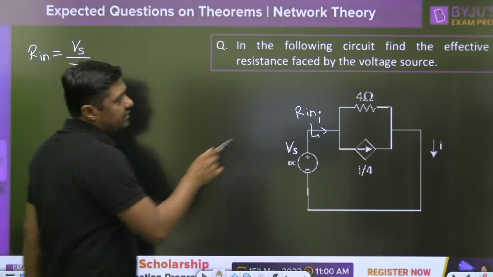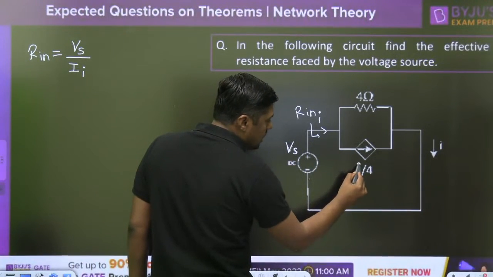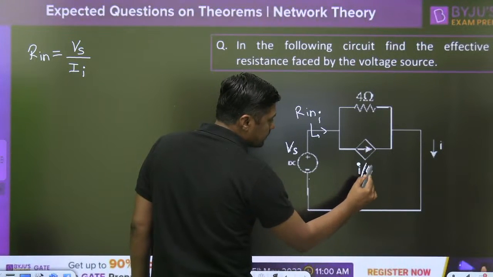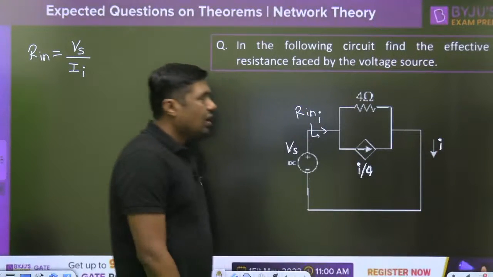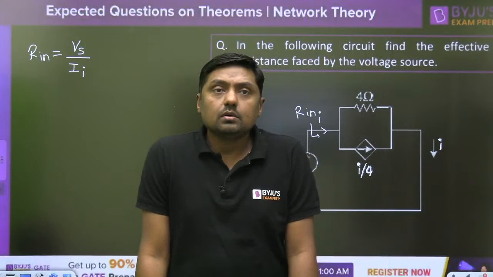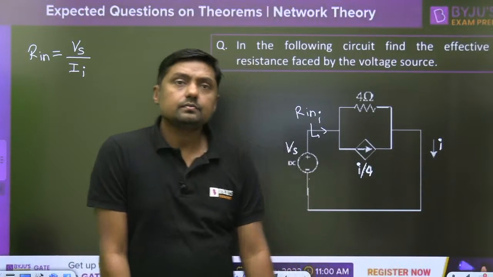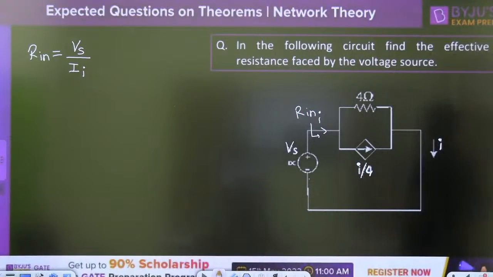Let this be the current given by the battery. Now what is the current here? There is a dependent source I by 4 here, and this is the current I here. Please try to solve this question.